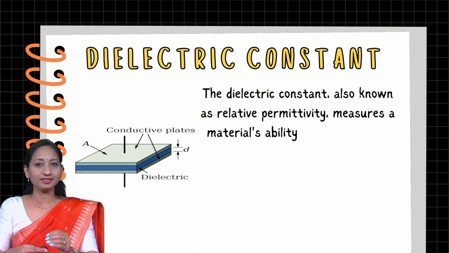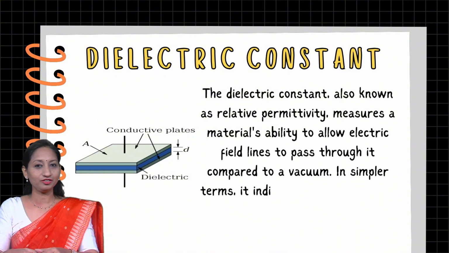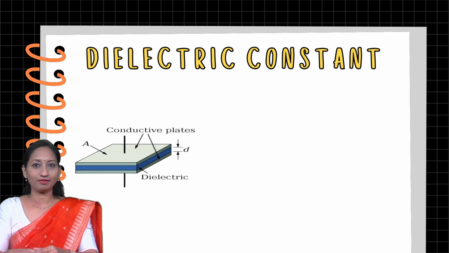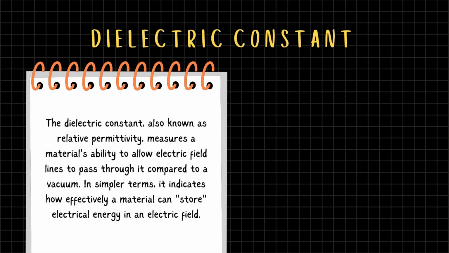The dielectric constant, also known as relative permittivity, measures a material's ability to allow electric field lines to pass through it compared to a vacuum. In simpler terms, it indicates how effectively a material can store electrical energy in an electric field.